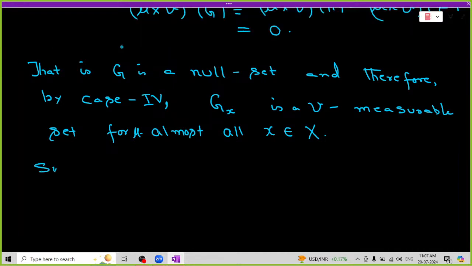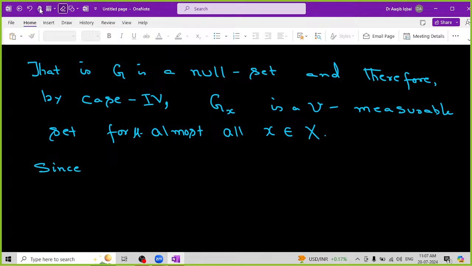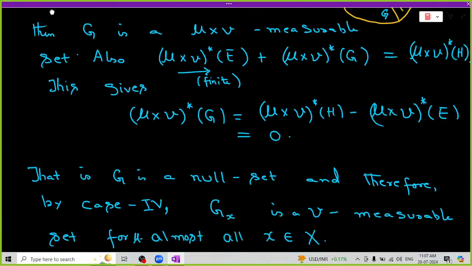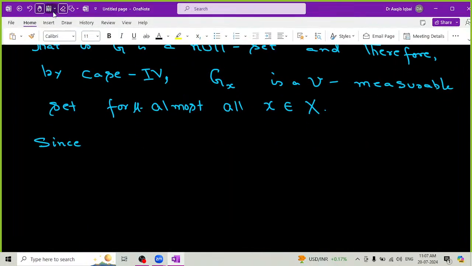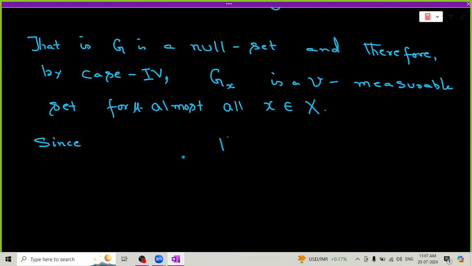And since, now look at this. It will be better visible from the picture itself. What is h minus g? If g is removed from h, what is that? h minus g. From the picture you can easily see that it is equal to e.